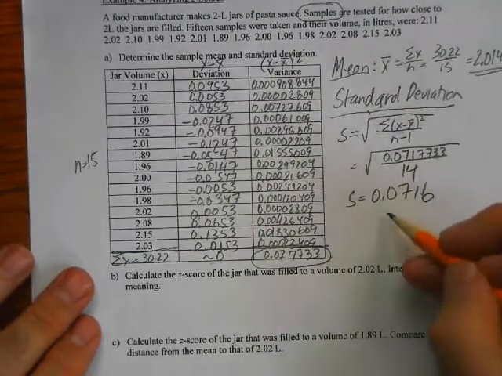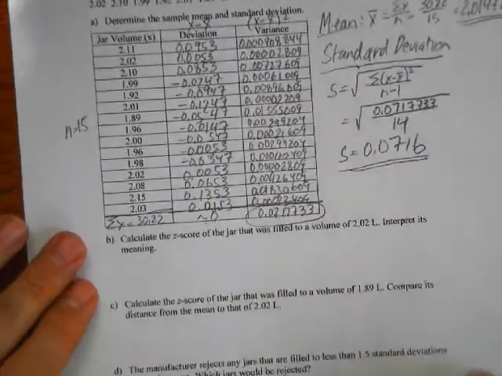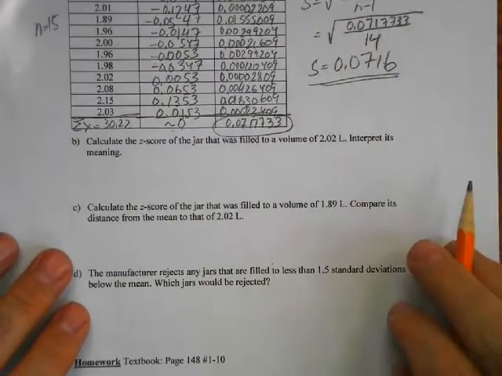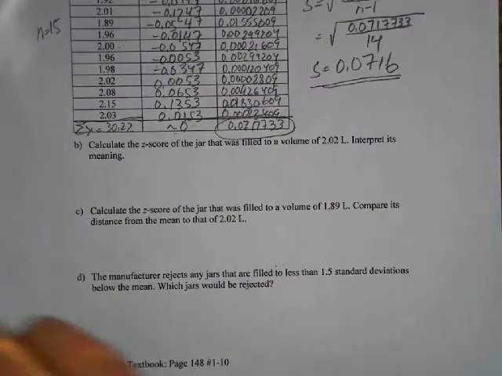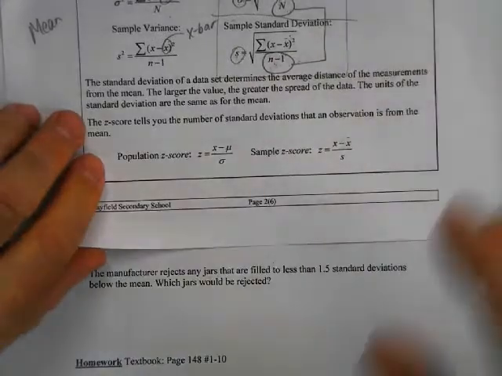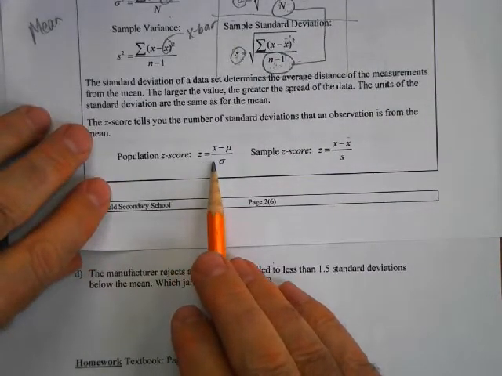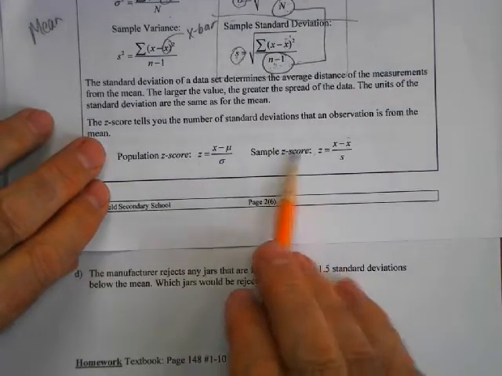So we've got the mean, we've got the standard deviation. And we're going to use that for the remaining 3 questions because we need those 2 values to calculate the z-score. So we don't know how to do that yet. So let's go back to the key concepts. And these formulas are a little simpler, thankfully. So the z-score always starts with a little z.